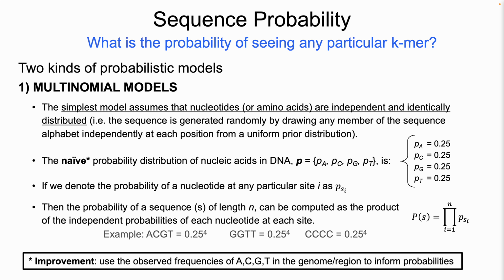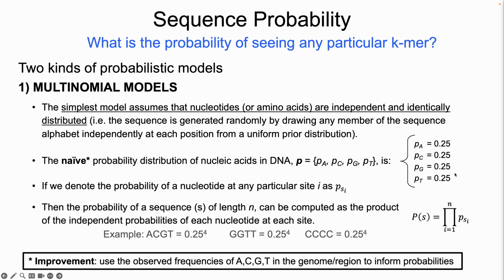In that case, you wouldn't want your null expectation to be that CCCC should have a 0 expectation. So you could modify the expectation based on the nucleotide frequencies in the genome. That's all we're saying. The naive expectation, we're just going to go in like we don't know anything, and on average, it's a roughly good approximation that we're going to use 1/4 for all of them.